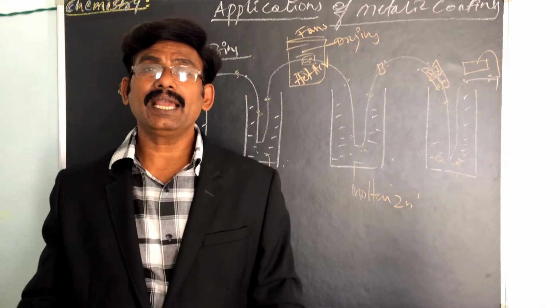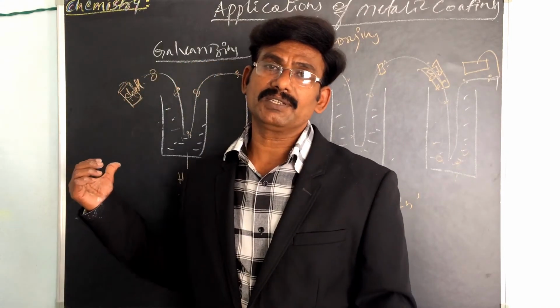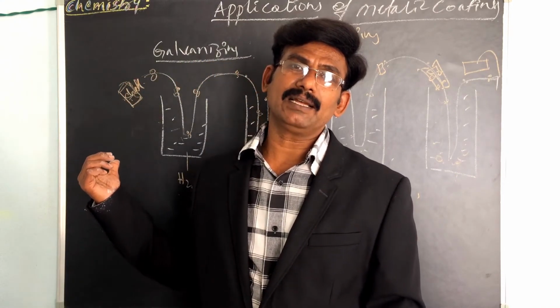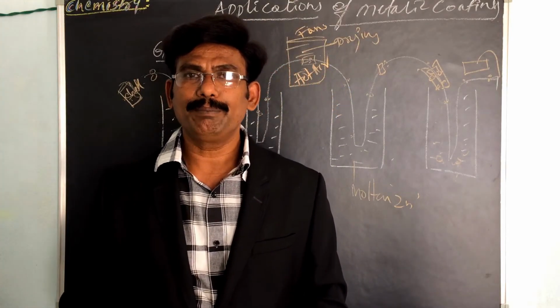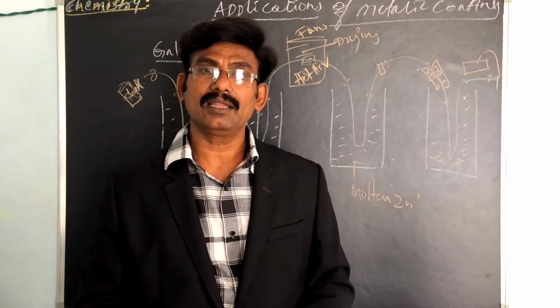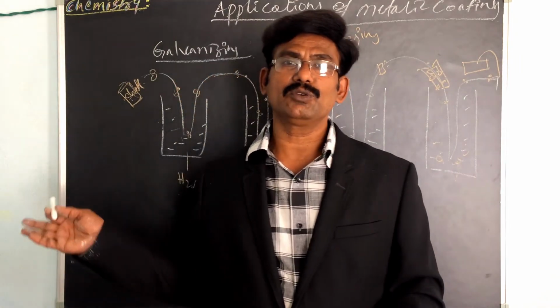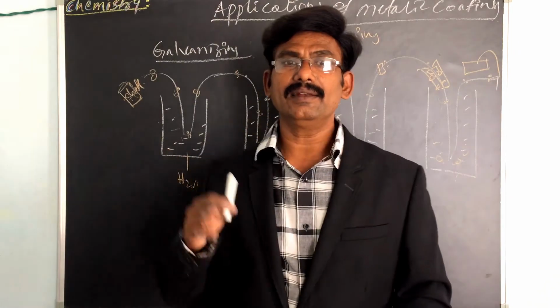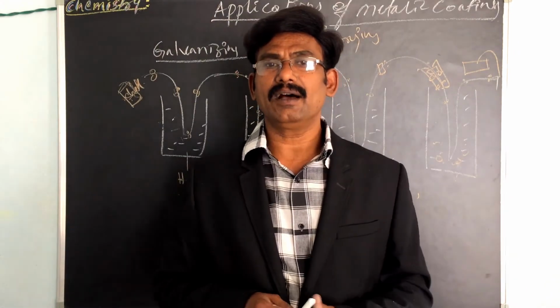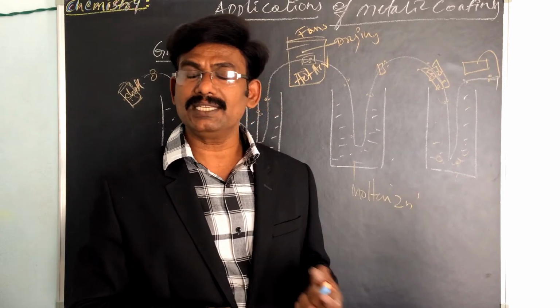So what are the steps involved? First of all, the base metal, iron or steel, is cleaned by acid pickling with sulfuric acid solution at a temperature of 60 to 90 degrees centigrade, and the sheet is then washed with water, then dried. Then it is dipped in the molten zinc. What is the molten zinc temperature?